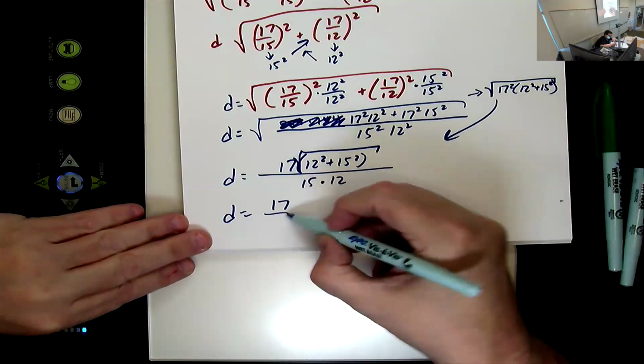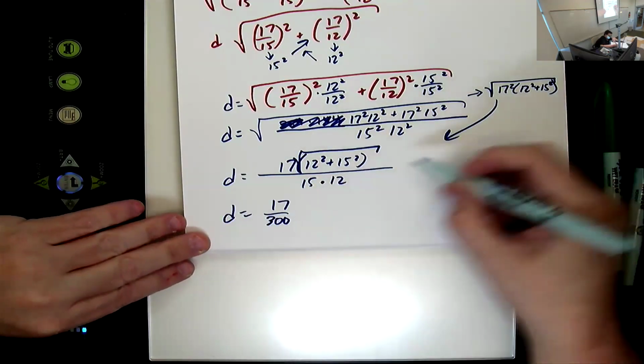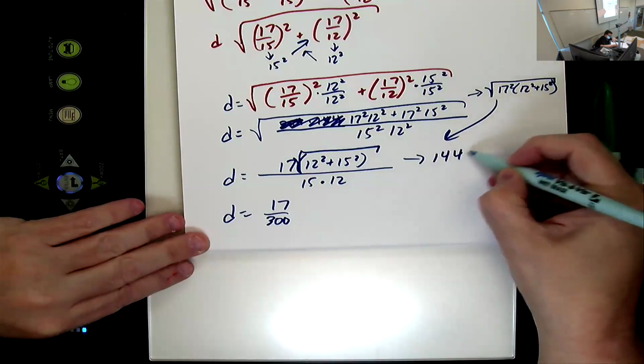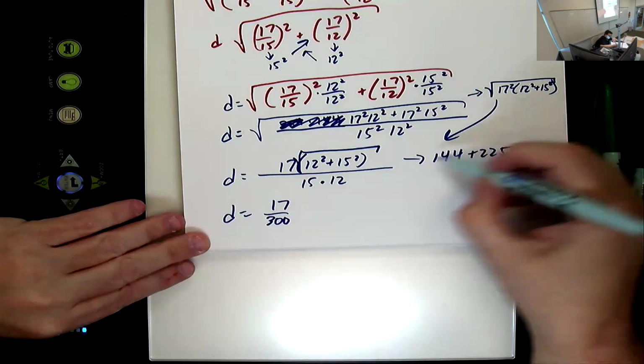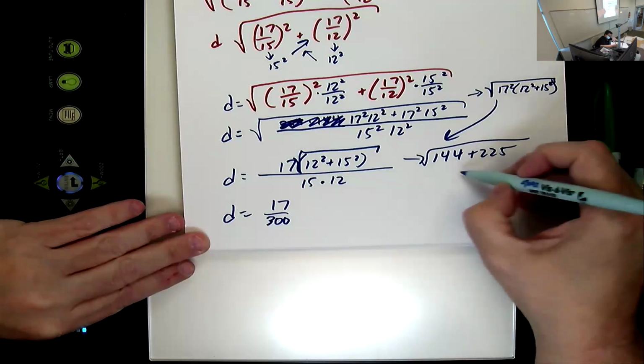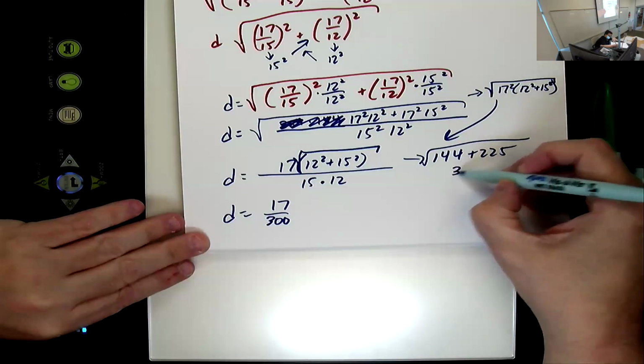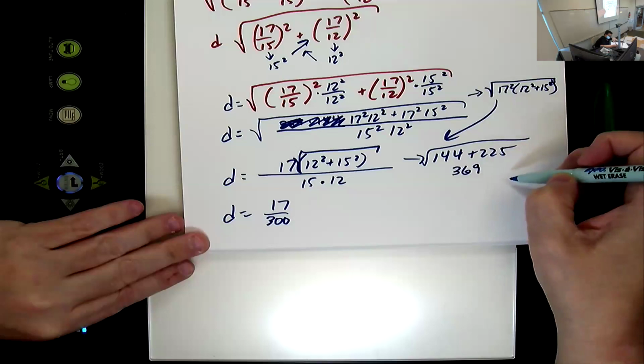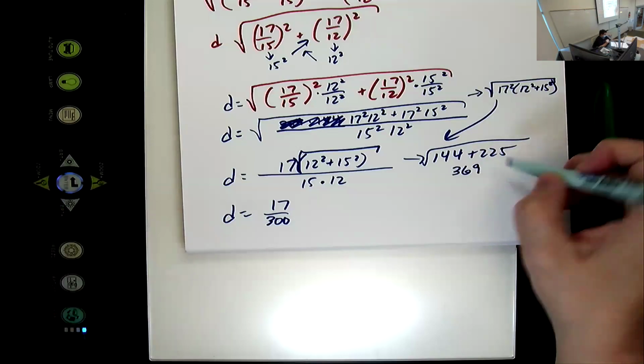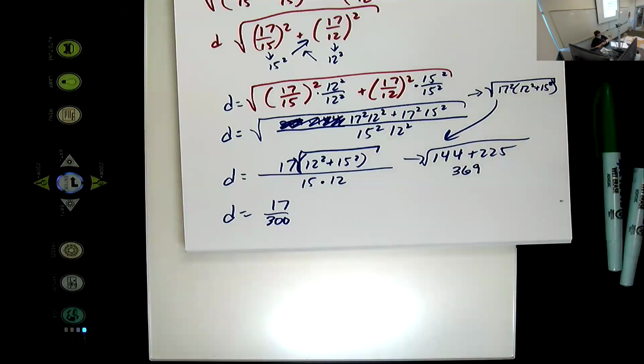15 times 12 is 300. That is 144 plus 225, which is 369. Is that 13 squared? No, that's not 13 squared. No, it's not, it's an irrational number.